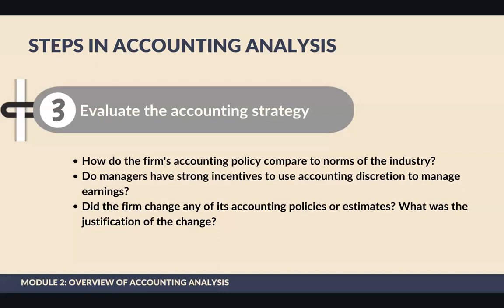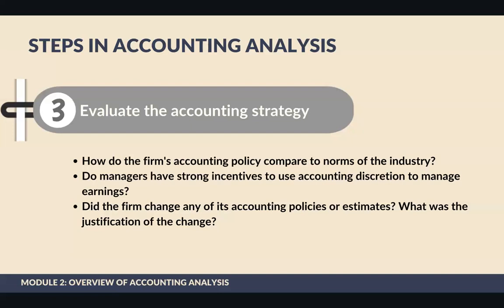Because choices have been made by codifying the accounting policies, you now start developing an accounting strategy. Why so, miss? Because for each of the choices that we make, there is a corresponding result.